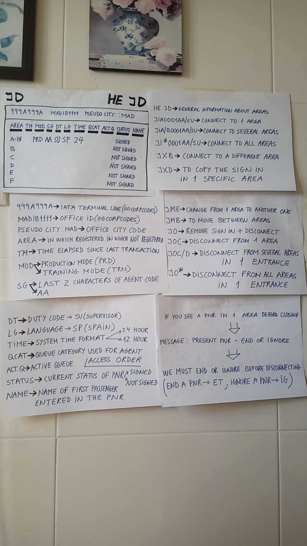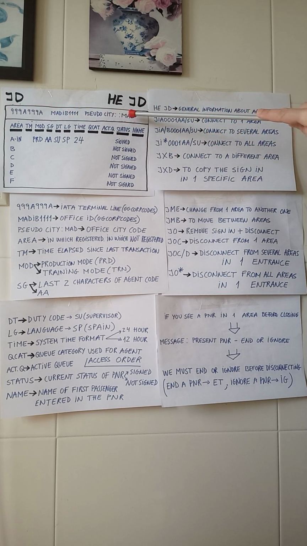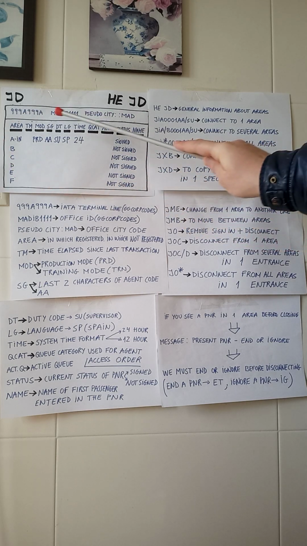Once I have finished explaining this line, which appears in the header of the screenshot, I move on to explaining the rest of the information. Now I am going to explain this information, okay?